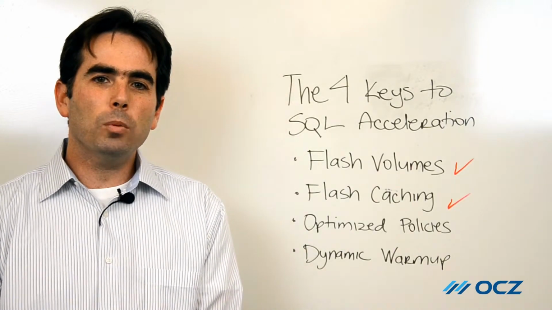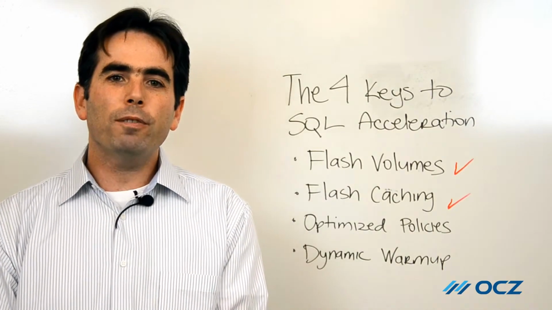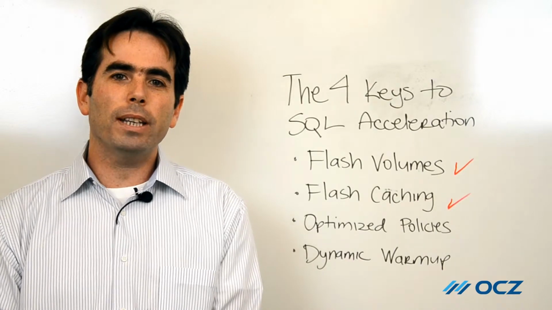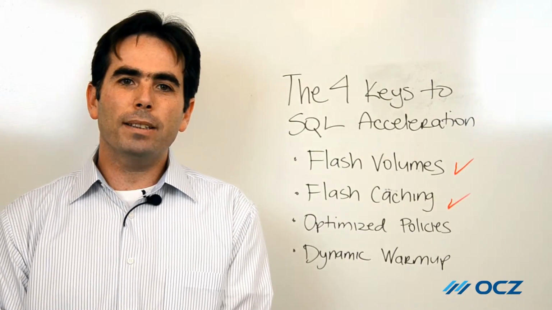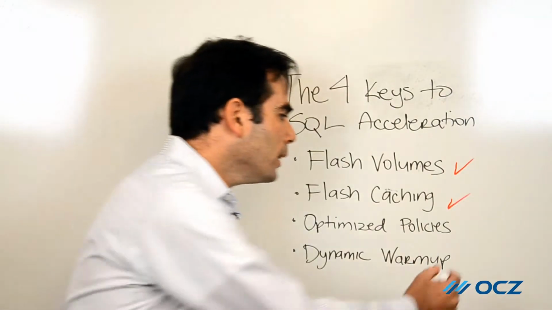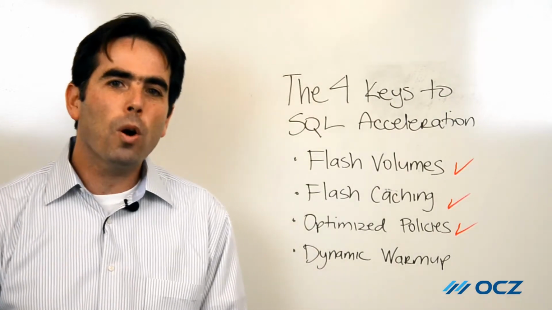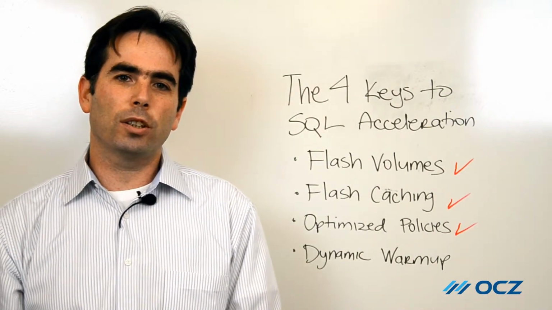At OCZ, we use our direct path caching technology to efficiently identify for each case what is the right data to put on the flash. We use optimized policies that make sure that you have a high hit ratio while you're accessing your data.